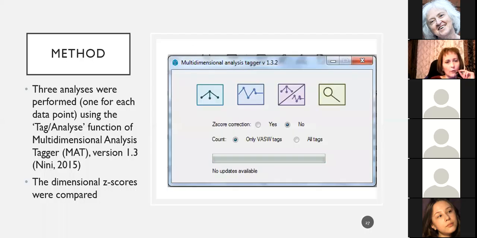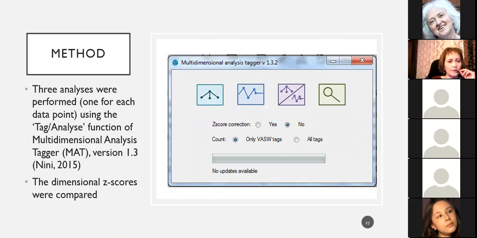So what Peter Crosthwaite did was that he performed 3 analyses of his data, 1 for each data point, using the tool that I have mentioned, that is the Multidimensional Analysis Tagger. He used the tag analyze function of this tool, and this tool allows you to gain some quantitative results, some statistical data.